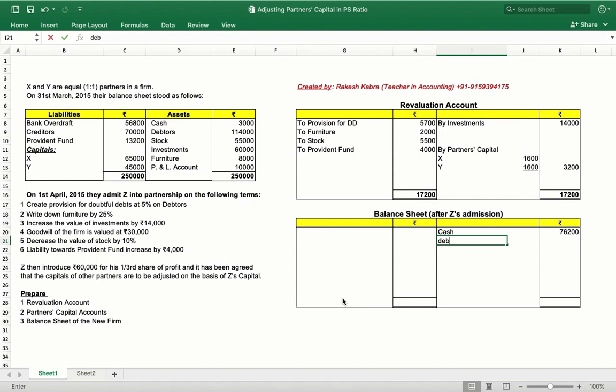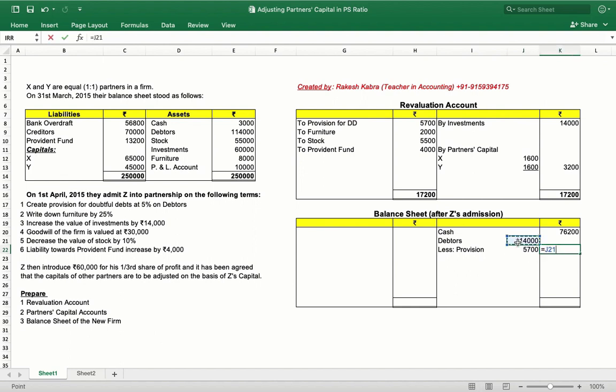Now we will show debtors. The debtors amount, as per the old balance sheet, is 1,14,000, and from this we will subtract the provision. The provision we already created at 5%, if you see the first point, so 5% of this is 5,700.